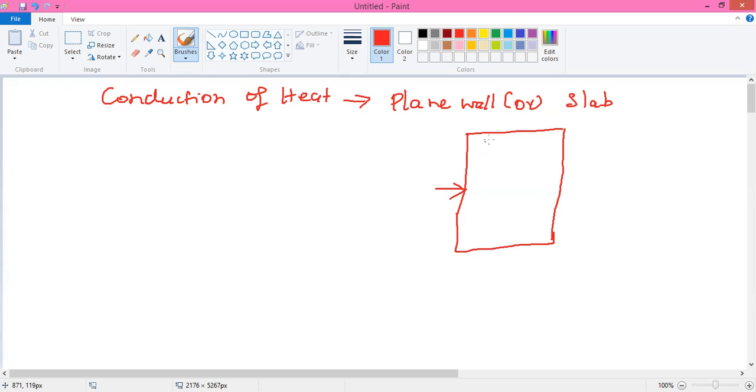So this is the single element. Input temperature is T1 and exit temperature is T2. The distance between the ends of this element is the length.